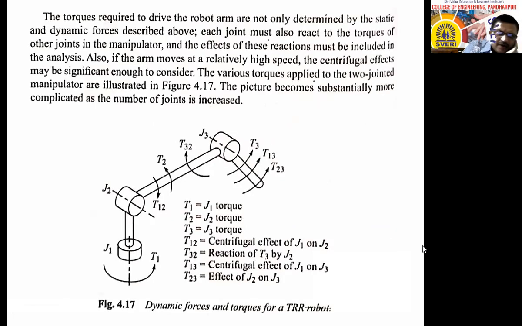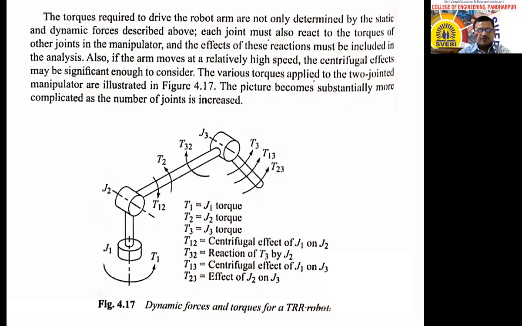The torques required to drive the robot arm are not only determined by the static and dynamic forces described above. Each joint must also react to the torques of other joints in the manipulator, and the effects of these reactions must be included in the analysis.